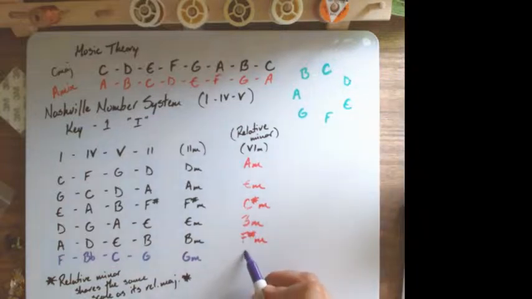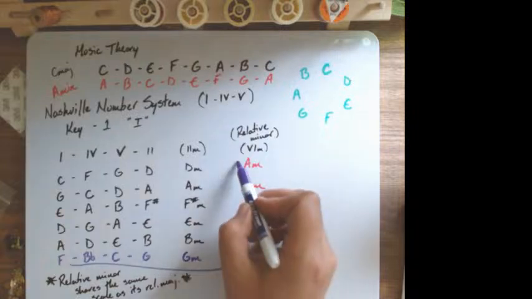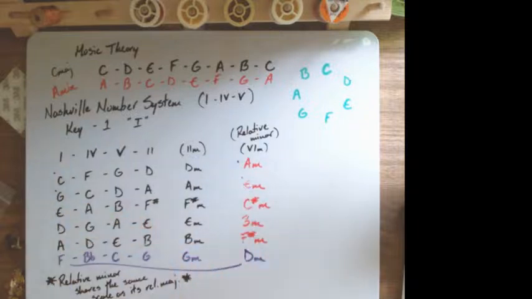So that would be a D minor. And these are connected. Same exact scale. Between an A minor and a C, a G and an E minor is the same exact scale. Same thing with a D and a B minor. Now the sharps and the flats, we'll get through that in a new video.